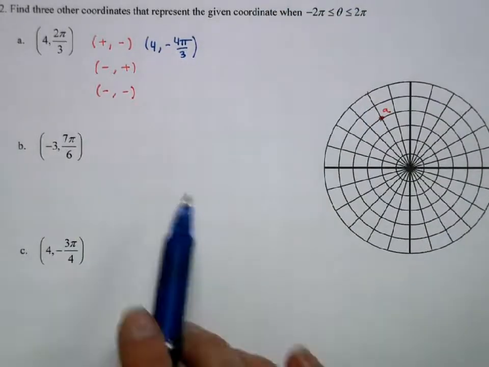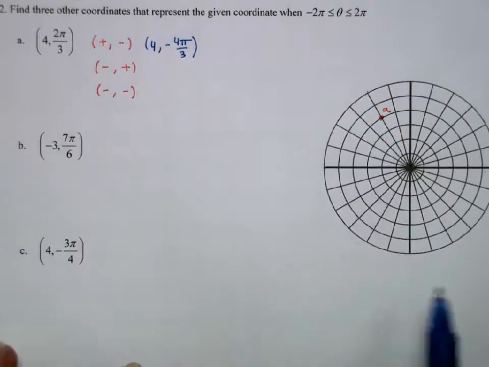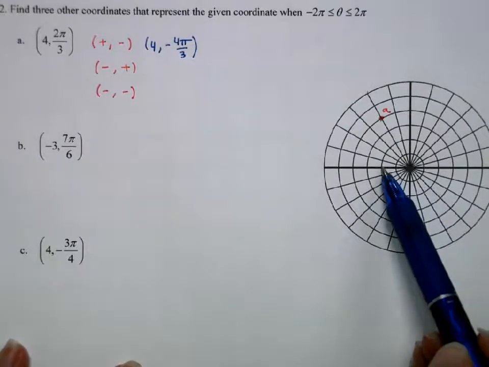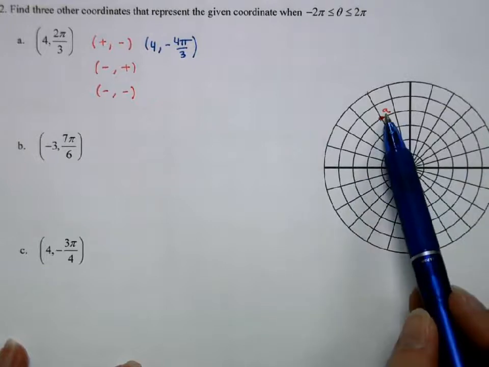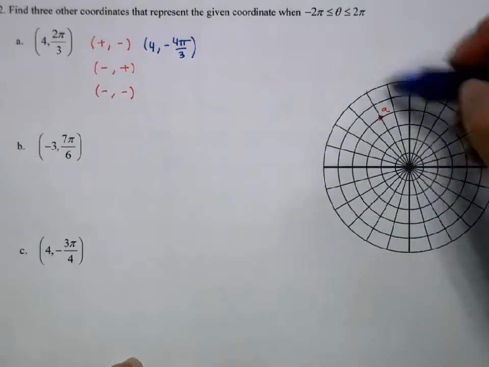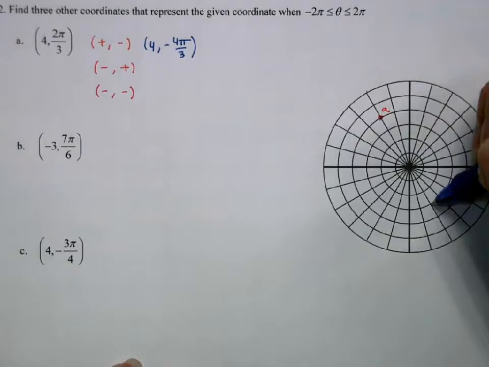With a negative r, positive theta, there are a couple different ways to think about it. You can go 1, 2, 3, 4 here and see what counterclockwise angle you'd have to get to. Or we can go through the pole, find that angle, which is going to be 5 pi over 3, and then it goes through to the other side.